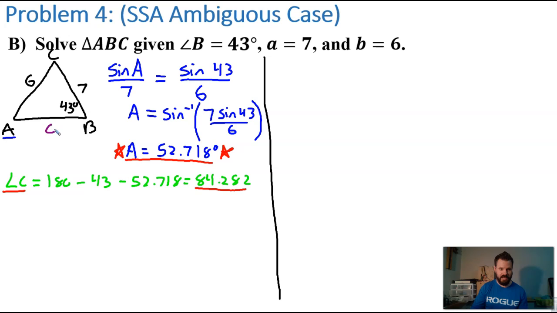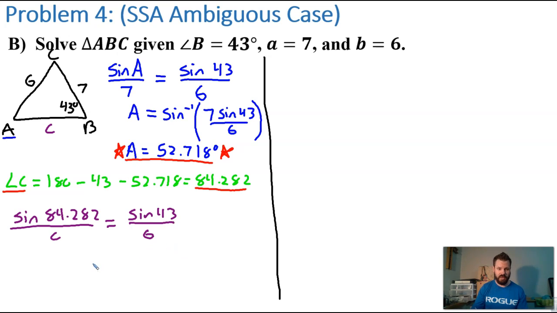And last thing I'd find is the little c. Using the angle C we know now, we can say that sine of the C we just found, 84.282, over little c, is equal to, we'll use the b's because those are nicer numbers, sine of 43 over 6.